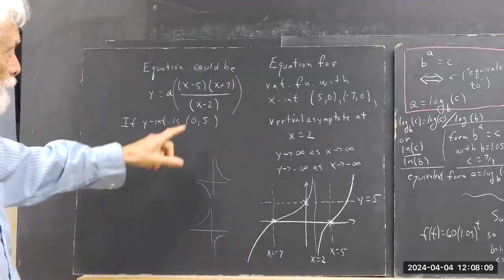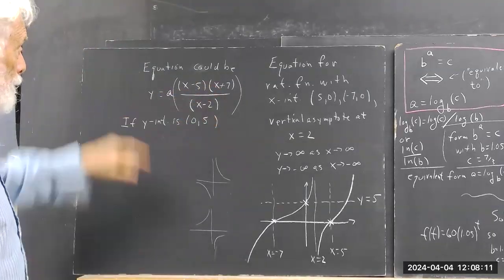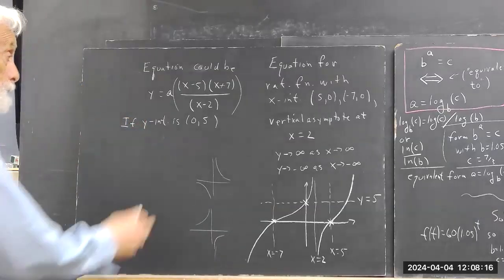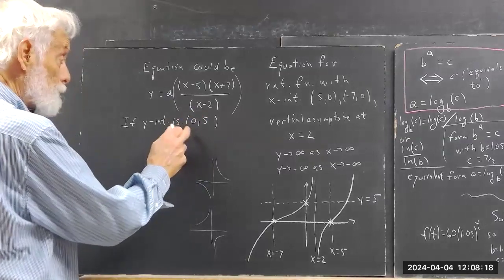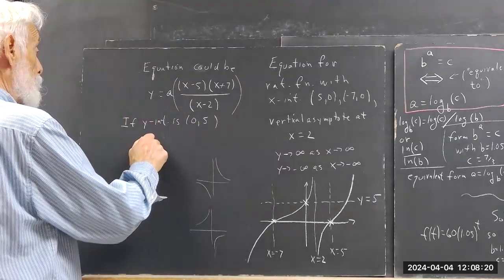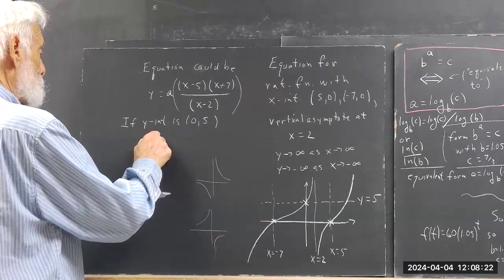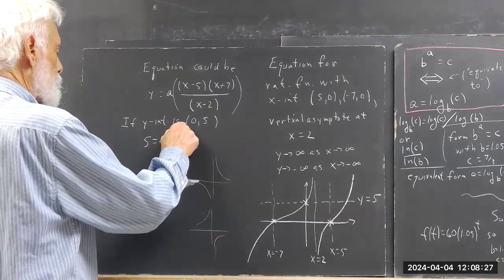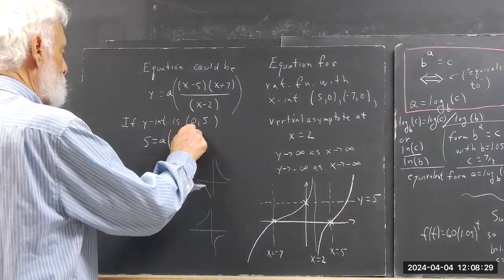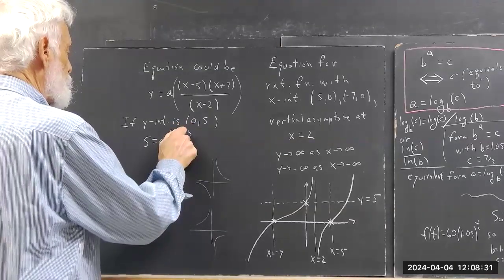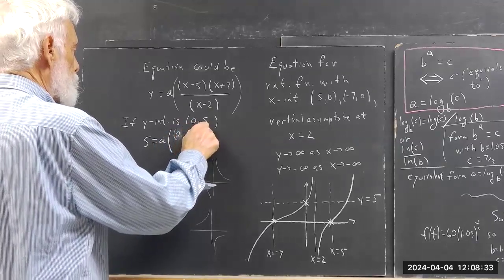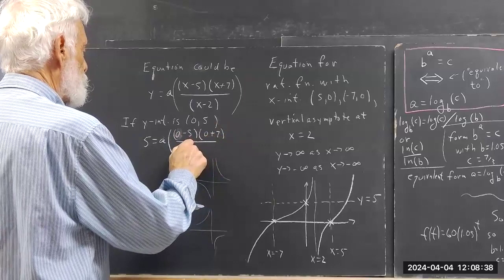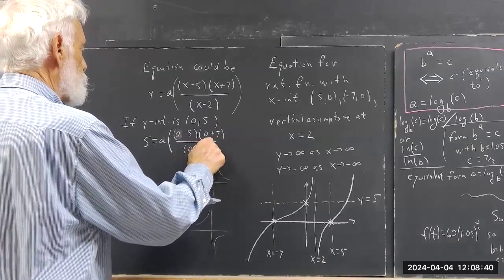Then we have a number we can put in for x, and we have a number we can put in for y. Well, the x is going to be 0. That's the x coordinate. And the y coordinate is going to be 5. You get 0 minus 5, 0 plus 7 over 0 minus 2.